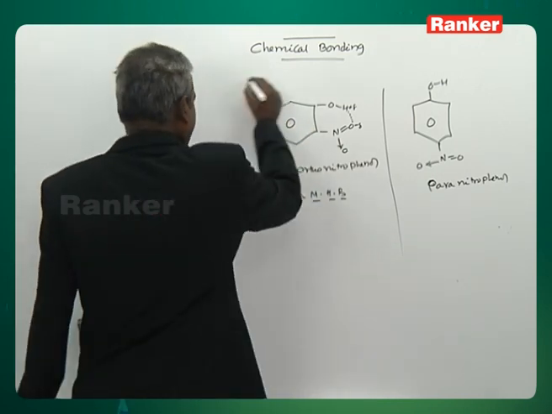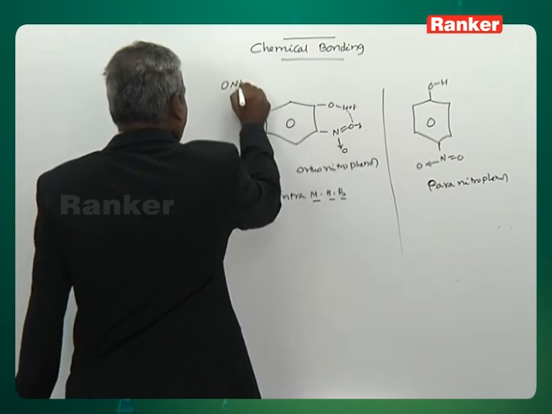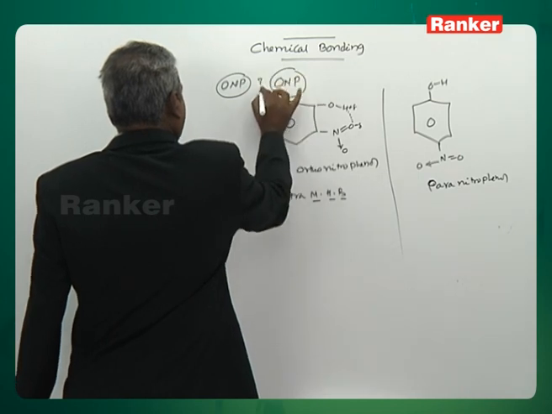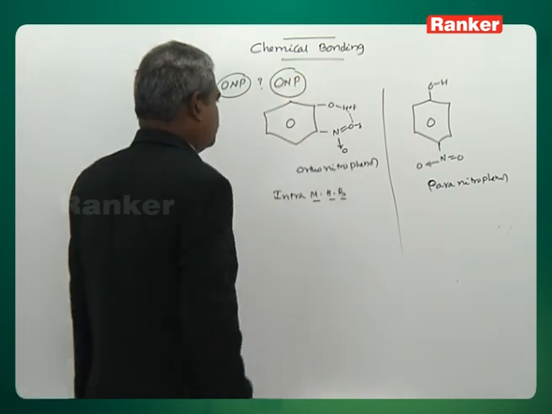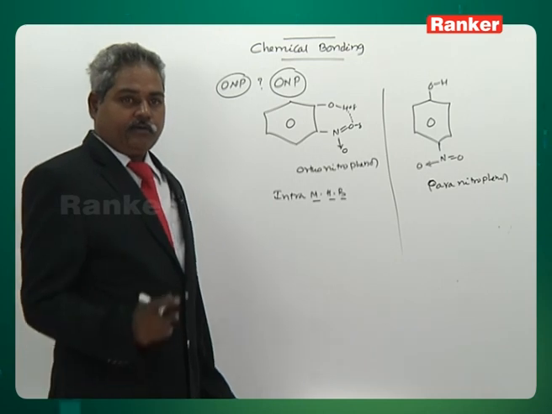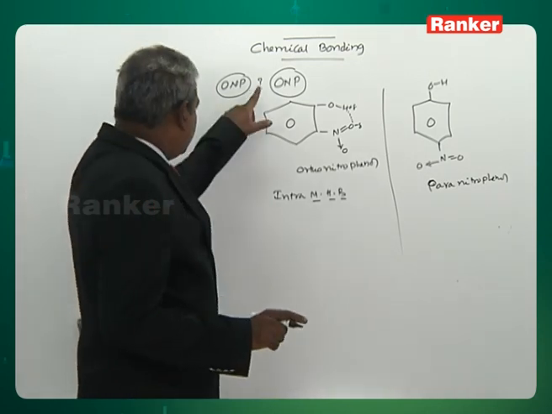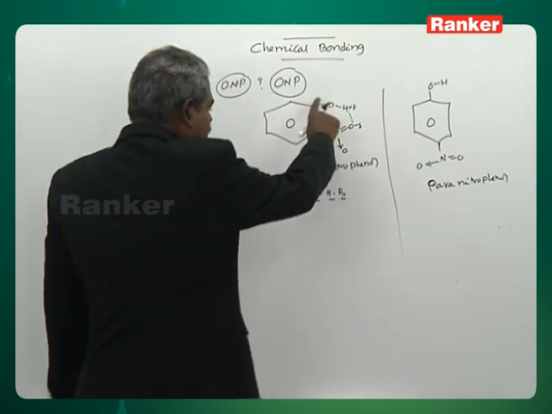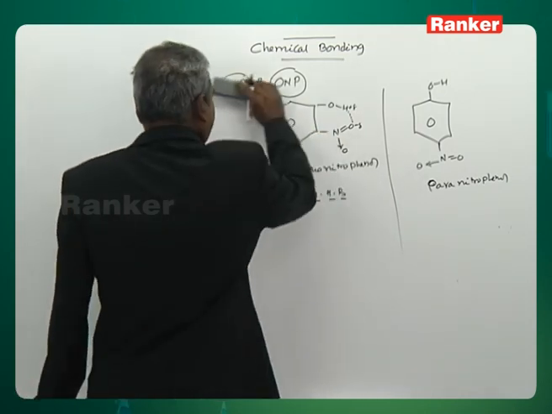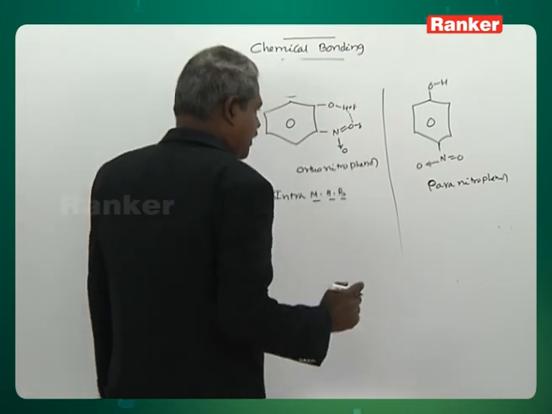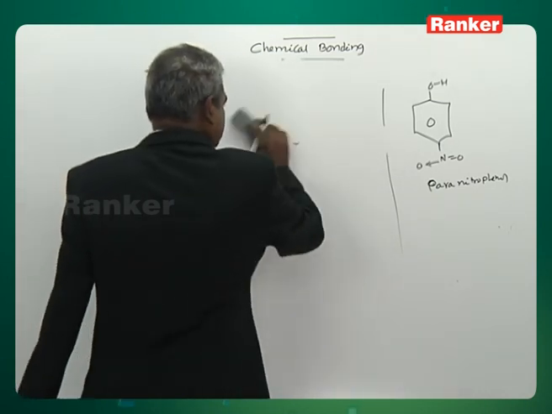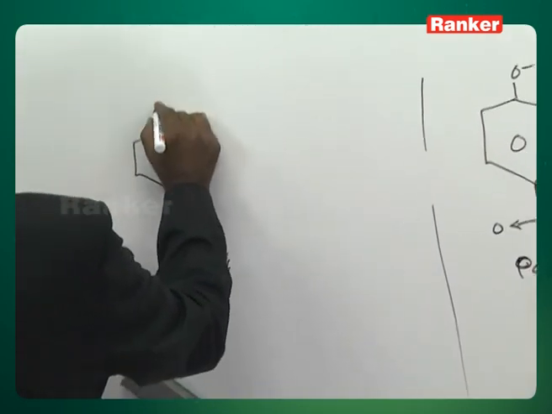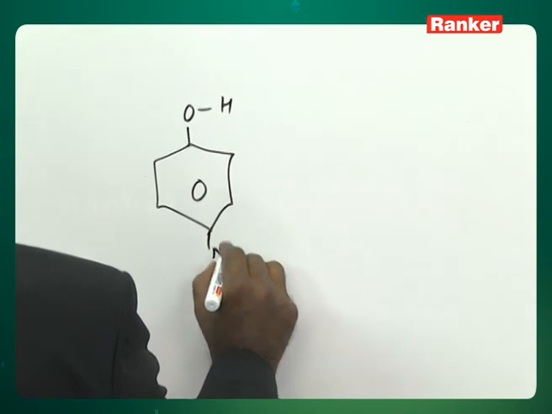So, what exists between orthonitrophenol and orthonitrophenol? Virtually nothing. There is no force between two molecules. I repeat, I am interested in attractions between one molecule and the other, but this is intramolecular attraction that doesn't bring about much change. But in the case of paranitrophenol, intermolecular hydrogen bonding is possible, the NO2 here.